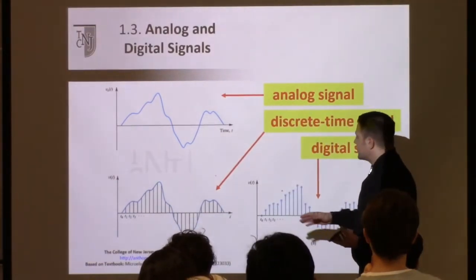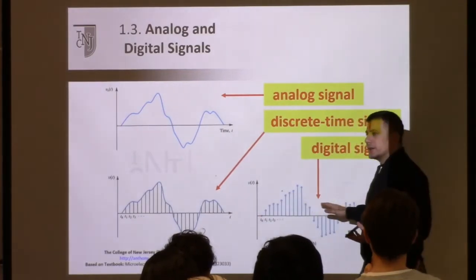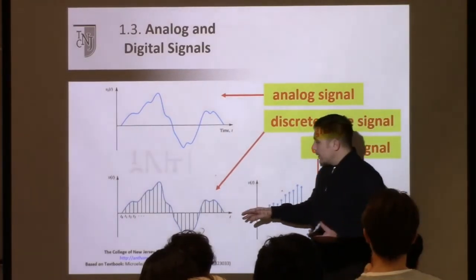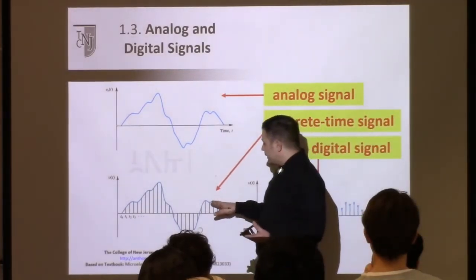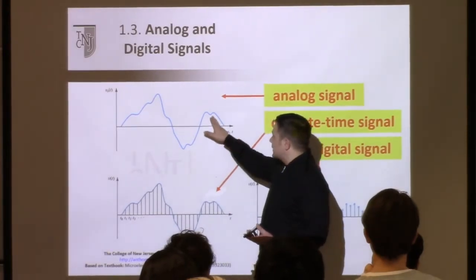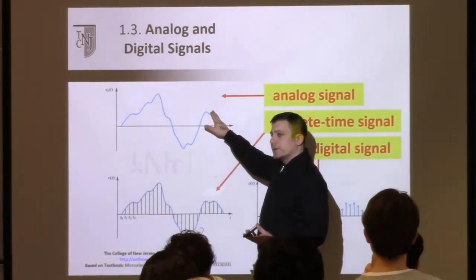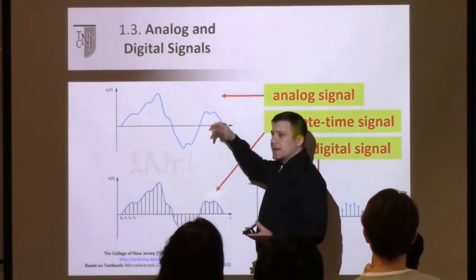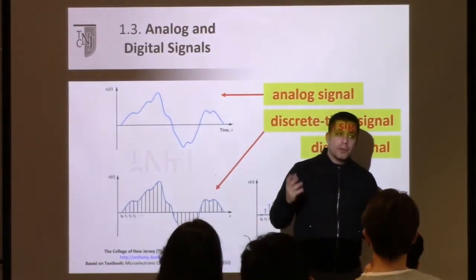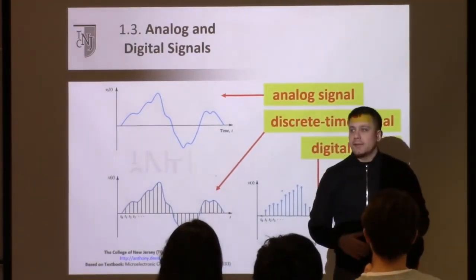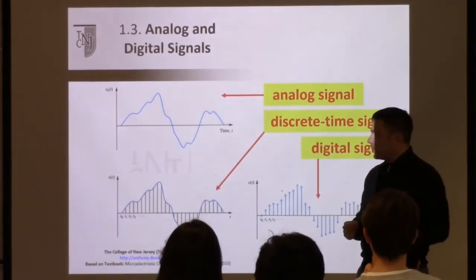Now, how do we go from a discrete time to a digital signal? Over here, this value is the exact same value as the one above it, okay? Let's say it's in volts, 3.26598, whatever volts.